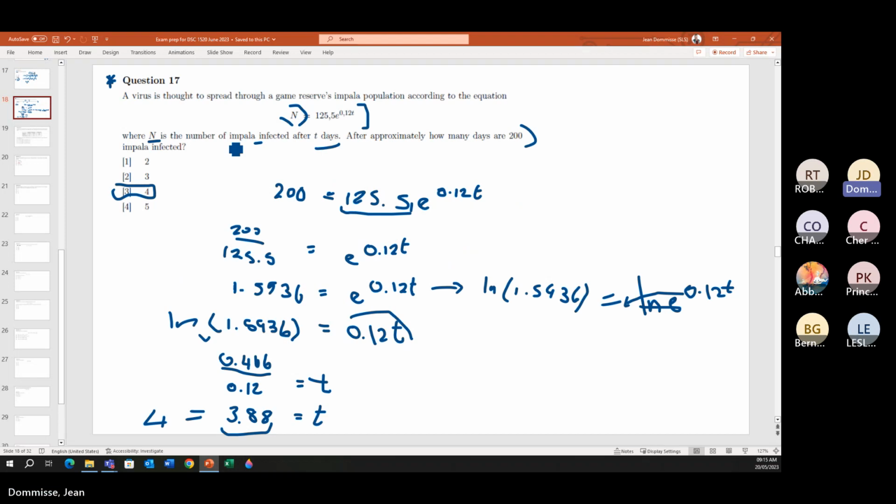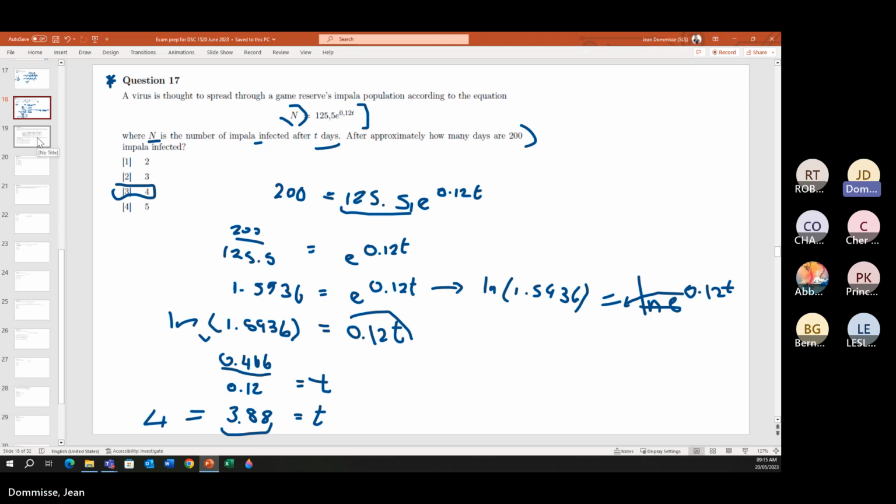Here, they could have just told you to simplify it and have replaced the n by the 200. You would have done exactly the same then. So again, just be cognizant of what they want to ask you in the question.